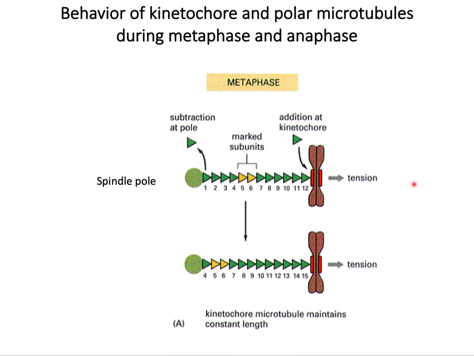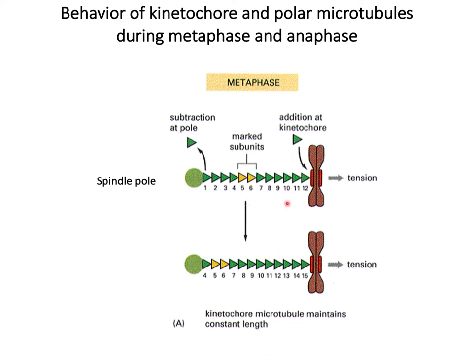Okay, so let's look at the behavior of these microtubules during the metaphase and anaphase. During metaphase, the kinetochore microtubules, in other words, those that are interacting with the chromosomes, maintain a constant length. So these chromosomes are aligned in the middle of the cell. So you might imagine that this is a static structure, but in fact, it is not. The treadmilling is going on.